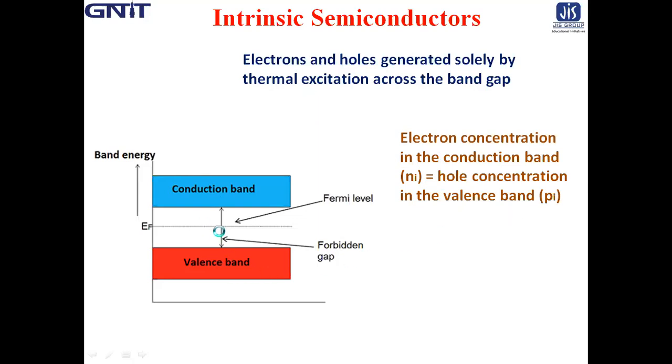So here, the Fermi energy level of an intrinsic semiconductor basically exists midway between the valence band and the conduction band.